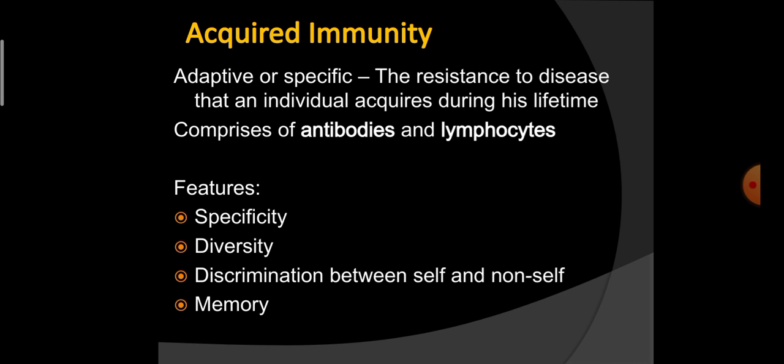Here they are pathogen specific. Innate immunity, I told, is non-specific. But acquired immunity is specific. It is pathogen specific, and it is also known as specific immunity or adaptive immunity.